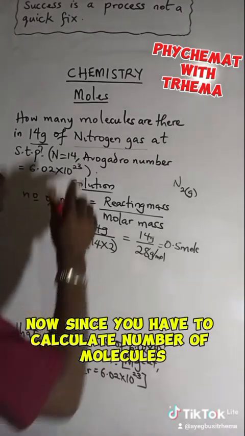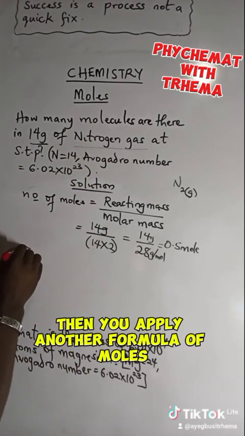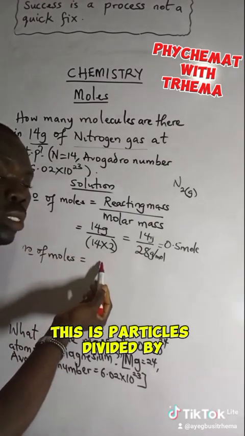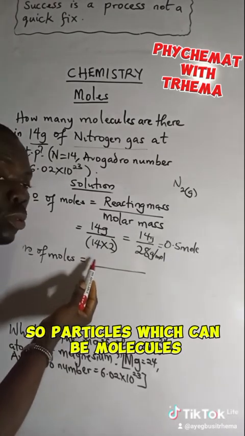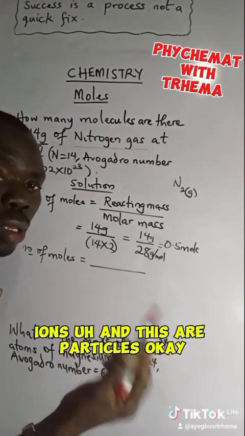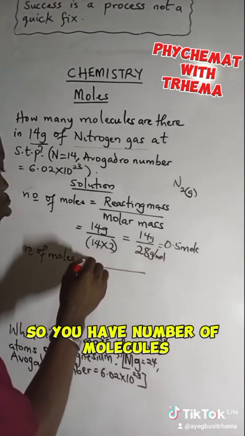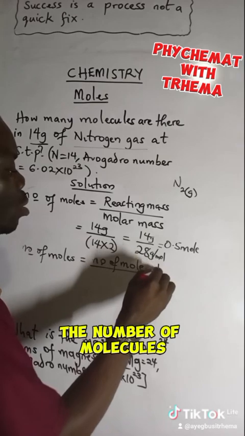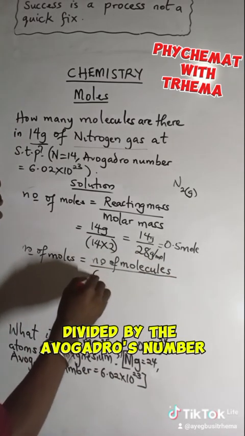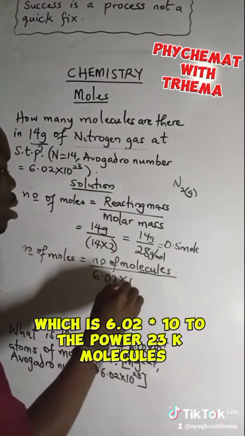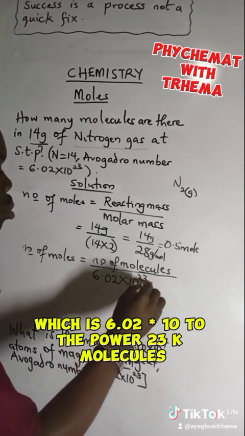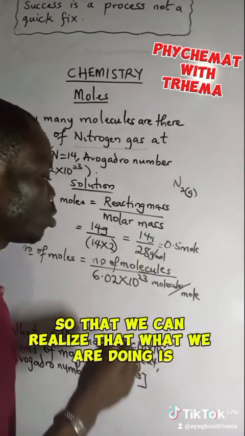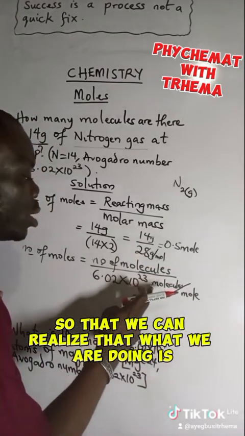Now, since you are going to calculate the number of molecules, you apply another formula of moles: particles, which can be molecules, ions, and subparticles, divided by Avogadro's number, which is 6.02 times 10 to the power 23 molecules per mole.